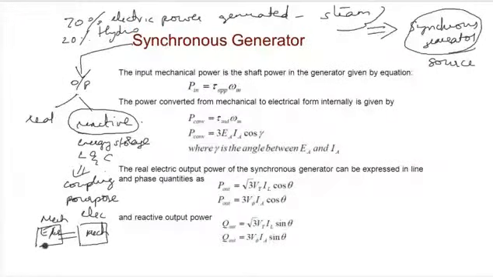Your electrical input in your motor is converted to mechanical output, as a fan or pump or whatever. So for this conversion, what is the basic coupling happening here? This basic coupling between these two forms of energy is your magnetic coupling. This magnetic coupling is associated with your reactive power.